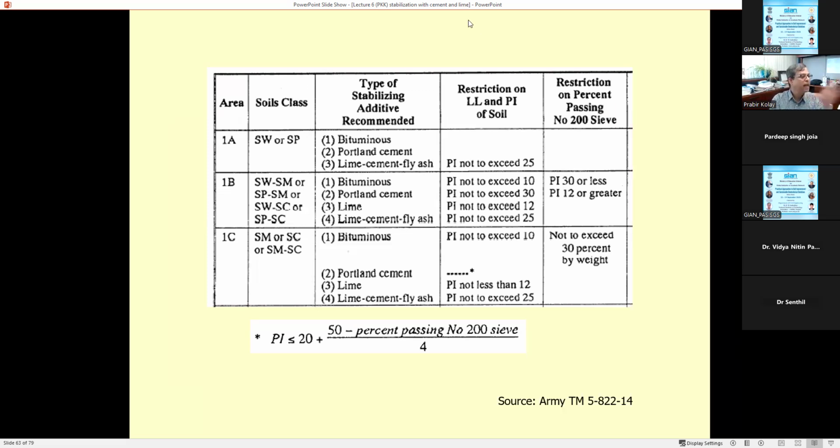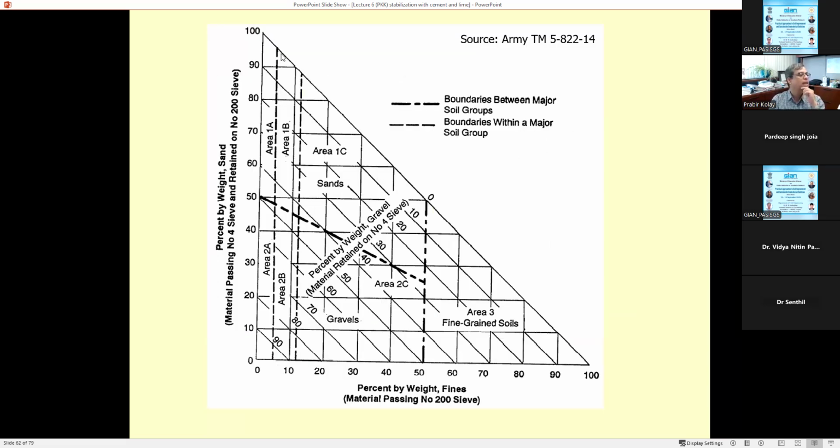So 1A is basically SW, SP. This is well-graded sand or poorly-graded sand. 1B is a mix, a dual classification, you can see. And 1C is silty sand or clay sand, a mixture. So you see 1A is more gravel, correct? Sand and gravel, the more granular type of soil.